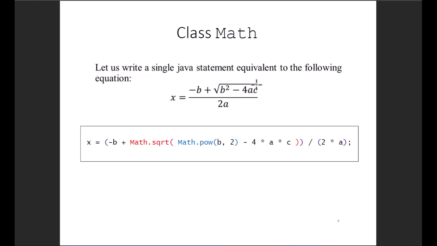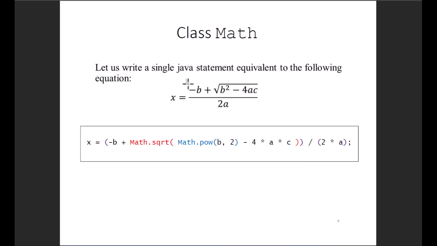Now this is an example calculating one of the roots of a quadratic equation using the discriminant. It shows you how it can be written in Java, so make sure to try to do this yourself. Try to hide it and see if you can convert it. You can use parentheses as much as you want to make it easier for you to determine values.